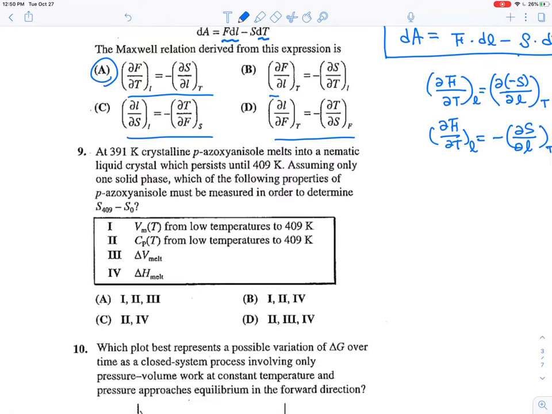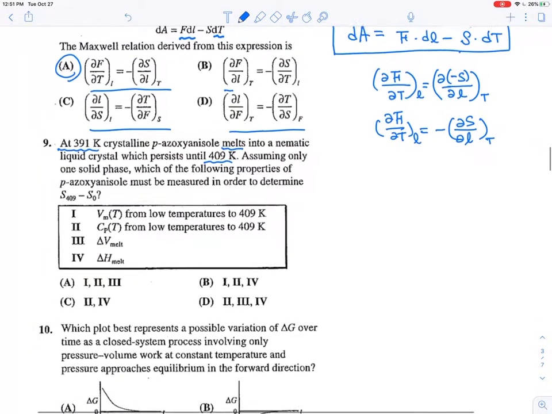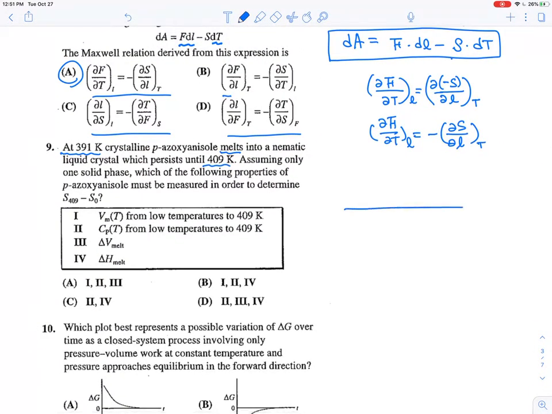So this is a melting temperature, and then this is a temperature of 409. If I graphically draw these cases, this is temperature, you're heating it up, and that's a temperature of 391 Kelvin. That's your melting temperature, and we are talking about 409 Kelvin, which is above the melting temperature.